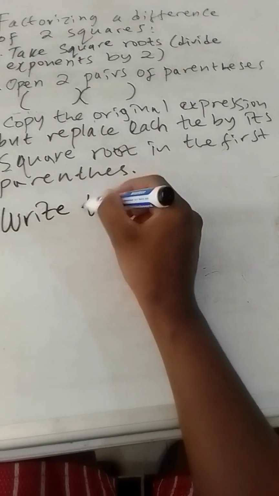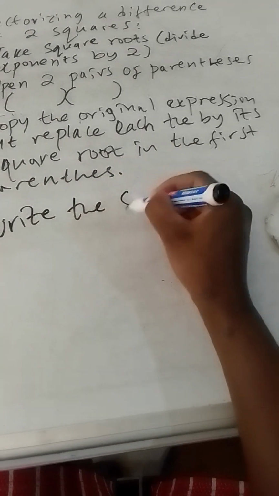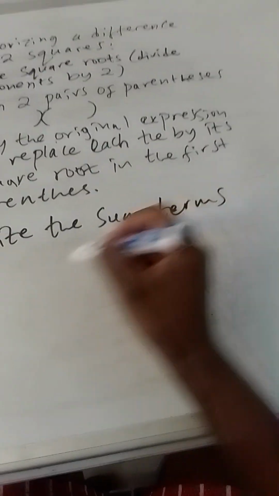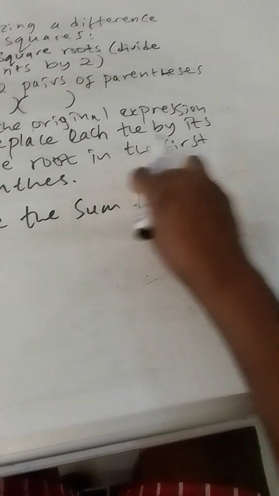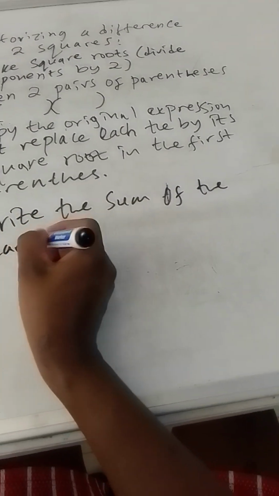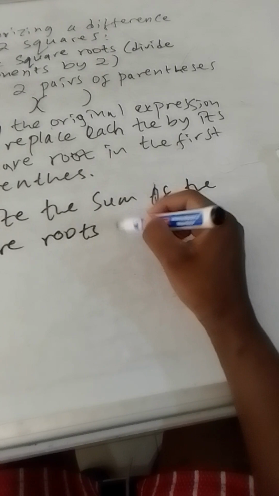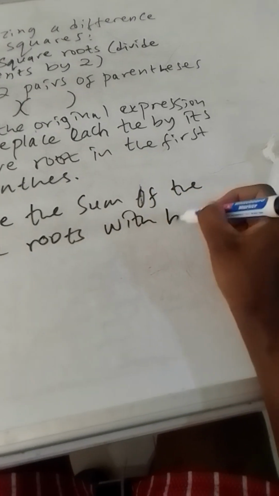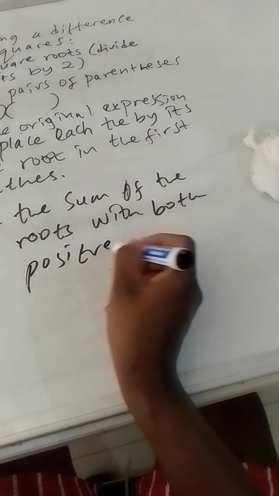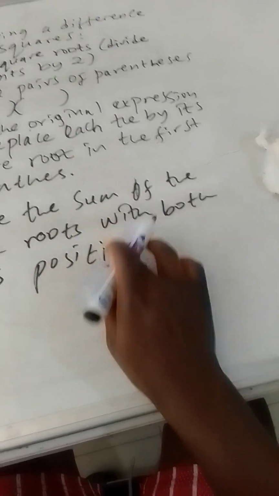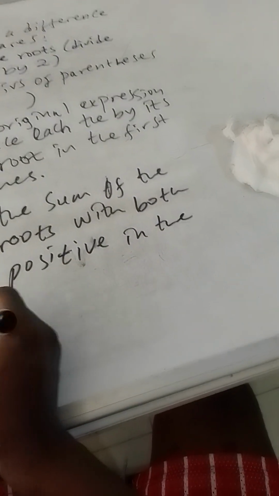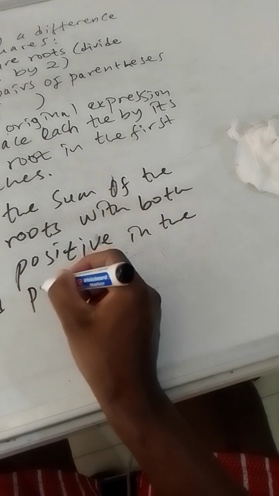Write the sum of the square roots with both terms positive in the second pair of parentheses.